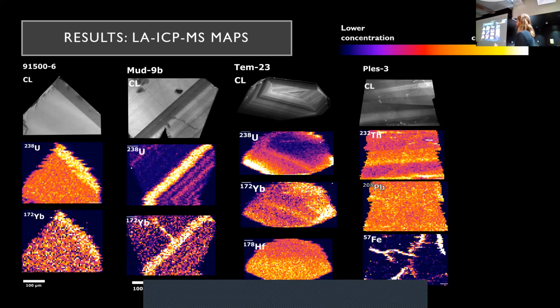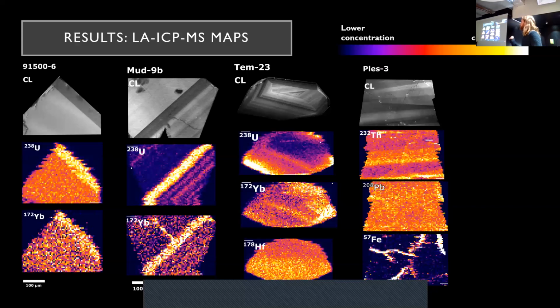So thorium-232, which decays to lead-208, you would expect them to be the exact same distribution because lead-208 doesn't come from anywhere else, usually. So we have a different distribution of those, and that's kind of unexpected and may be the cause of some of that variability in our uranium-lead ages. Something to maybe follow up on.